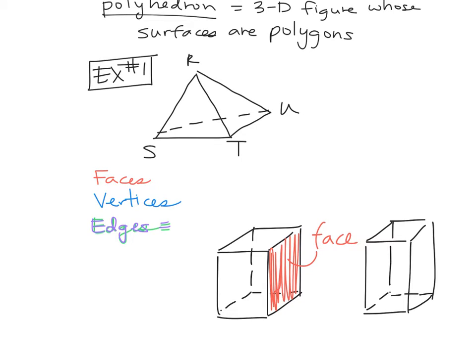How many faces would that have? It has 6, right? It has the 4 rectangles around the edges and then the top and the bottom. Okay, so that's a face, and a face will always be a polygon.